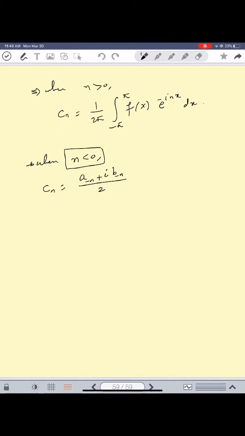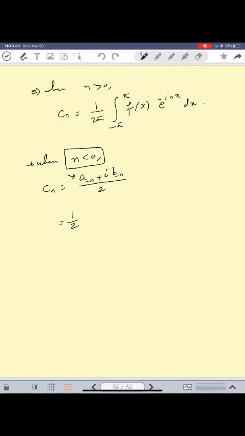So for example, when n is negative 1, this a becomes a sub 1. We don't have a meaning for a negative 1. It is a1, a2, a3. But the c's can have negative sub indices. So now the point is this is equal to, this is the 1 over 2.